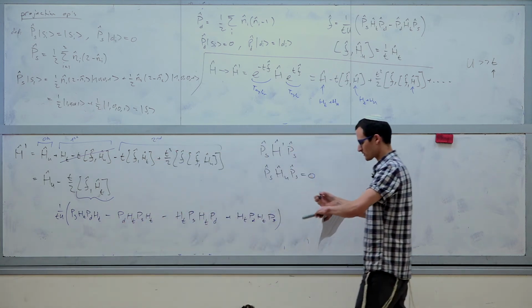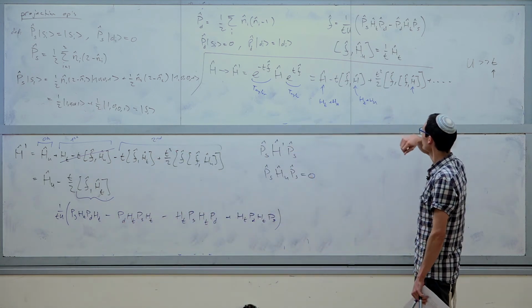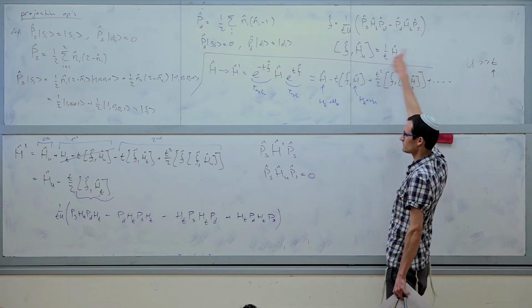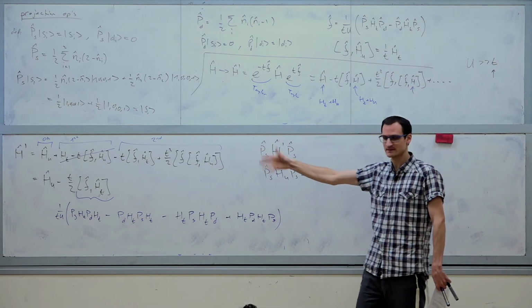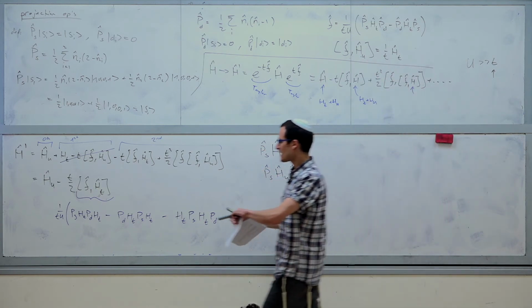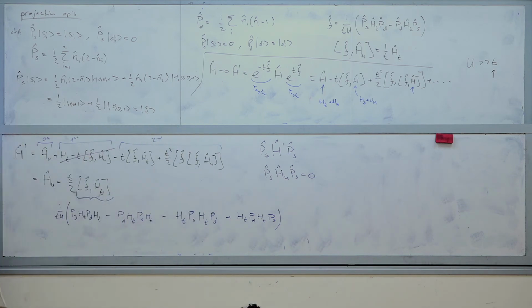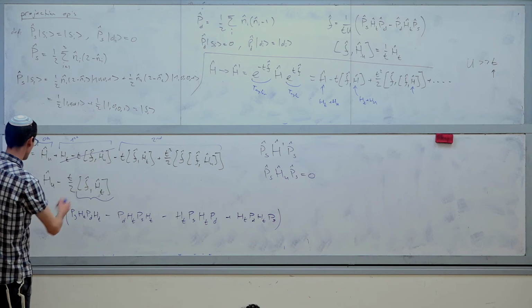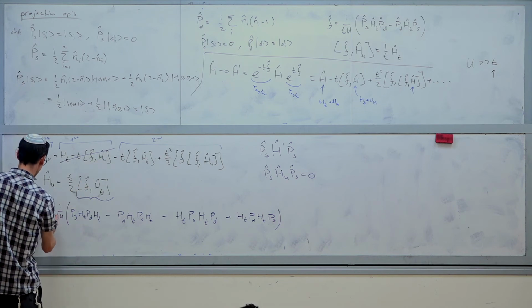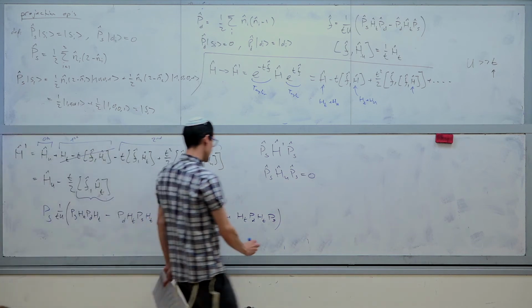All I've done is open up the commutator and plugged in the definition of F. So I have 4 terms because F had 2 terms. The commutator is another 2 terms. That's 4 terms. And now I'm going to use the projection operators. So I'm going to put PS on either side. I'm going to put a PS over here and a PS over here.